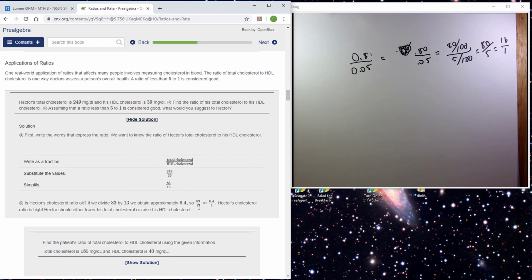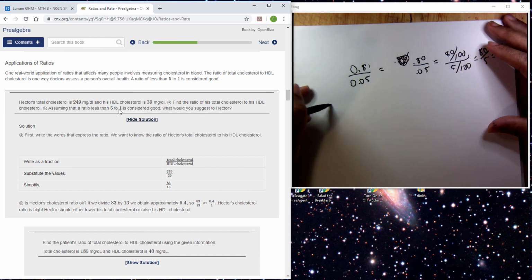And this simplifies even further to 6.4 to 1. How did they get that 6.4 to 1? Notice the good ratio here is 5 to 1.